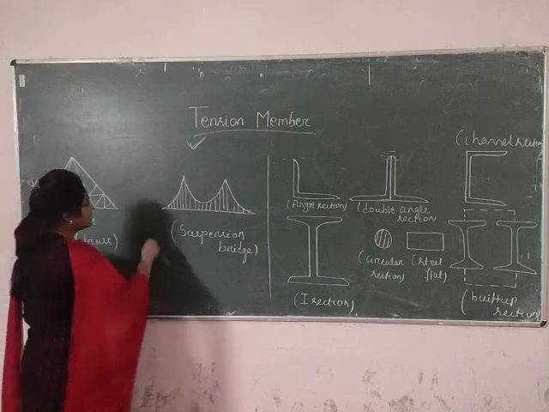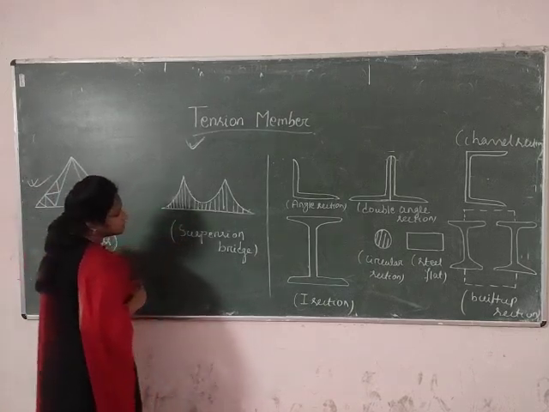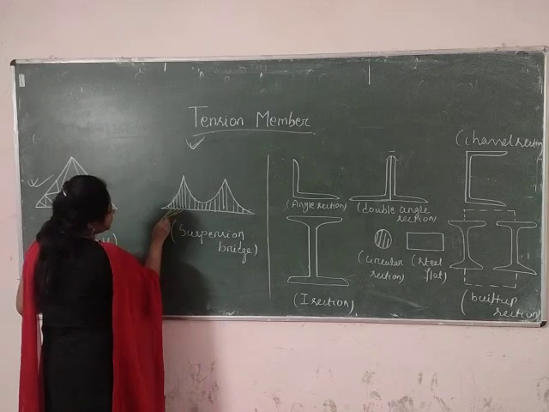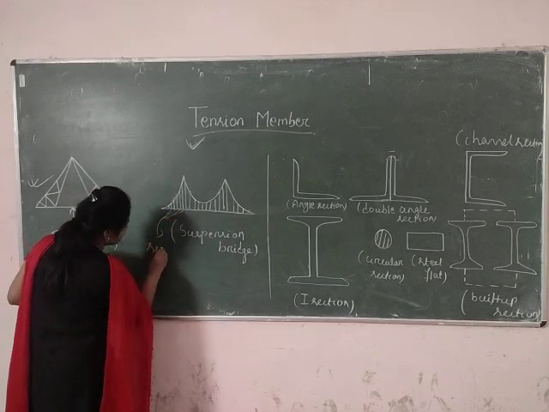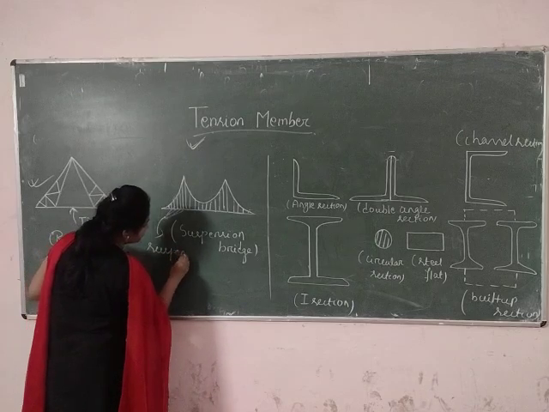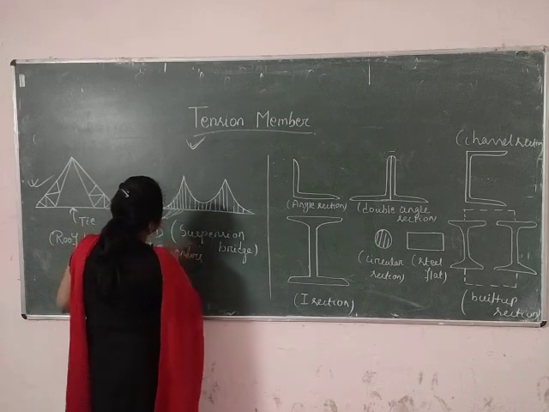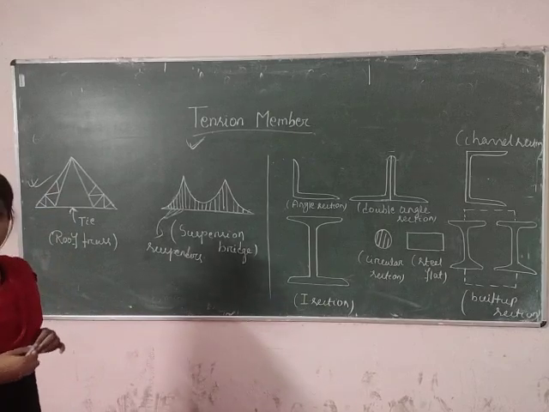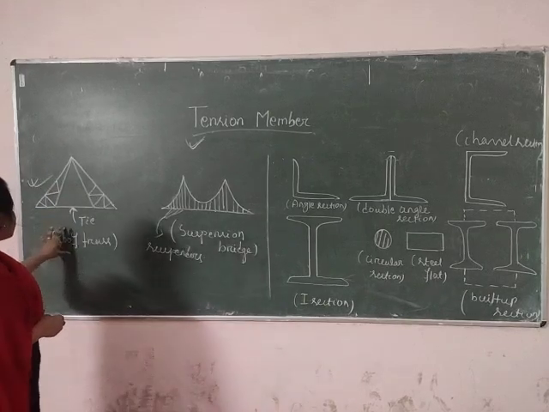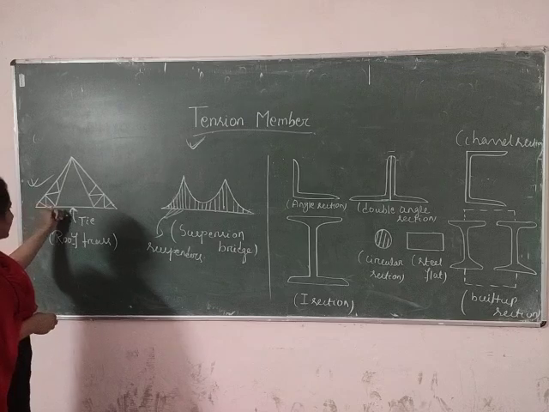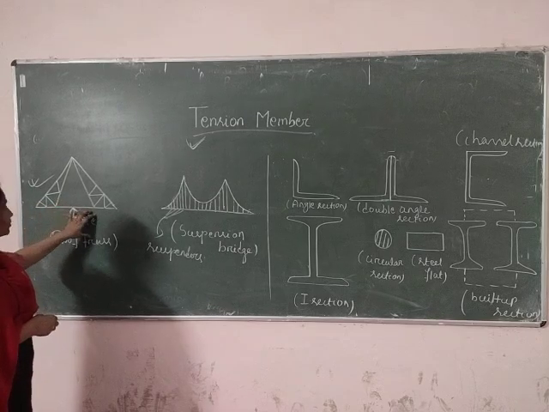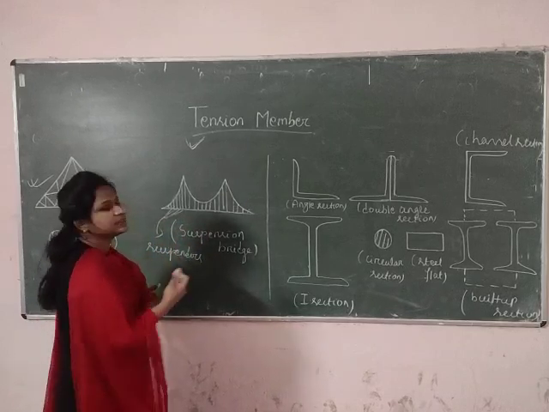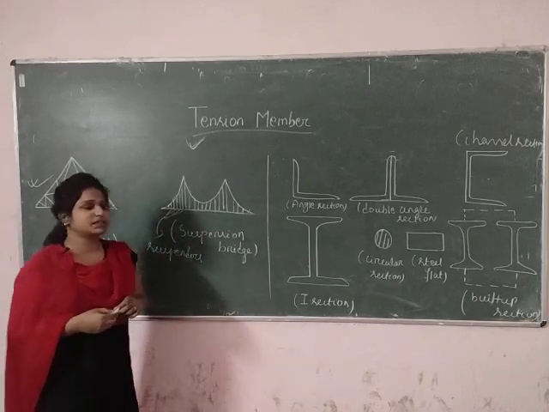And in the case of the suspension bridge, these are the suspenders of the suspension bridge. These suspenders are also examples of tension members. So the main tie of the roof truss and the suspenders of the suspension bridge are some examples of tension members.